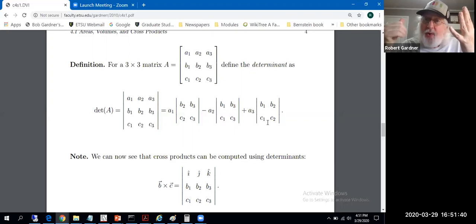So this thing's growing like crazy. To do a 4 by 4 determinant, we'd have to do 4 of these. That'd be 12 determinants of 2 by 2 matrices, and so forth. If we did the determinant of a 5 by 5, I think that'd be 60 determinants of 2 by 2s.